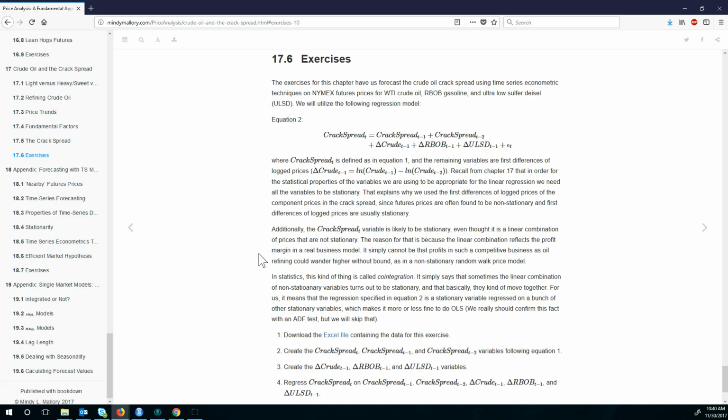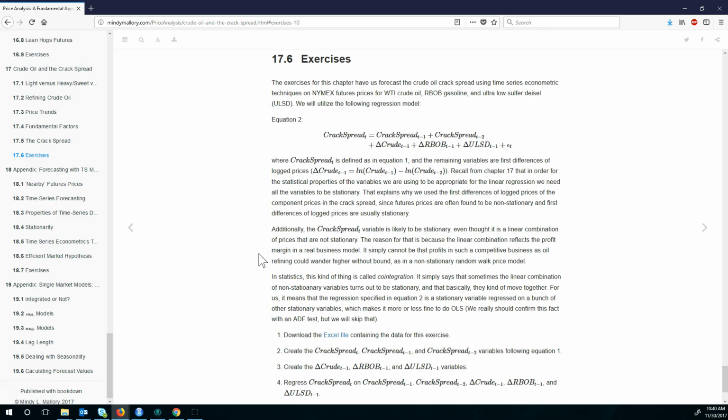And it just seems very unlikely to me that we would find a variable like that could drift indefinitely higher and higher in a non-stationary way. The reason for that is we know that the refining industry is pretty competitive in the economic sense. There's a lot of players, a lot of price competition. And markets like that don't usually exhibit profit margins that just grow and grow in a random walk looking way.